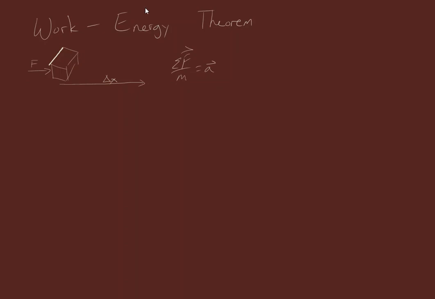If we're applying a constant force, our acceleration should be uniform, which means that we can use some of our kinematics equations. So I want to start with a box at rest. And let's say by pushing it we speed it up to some speed v. Then we're probably using this equation here.